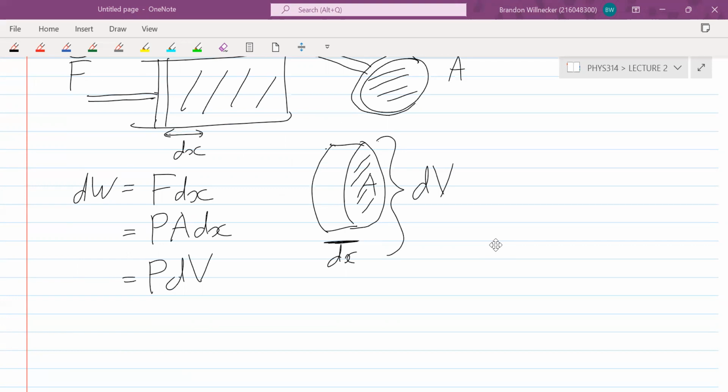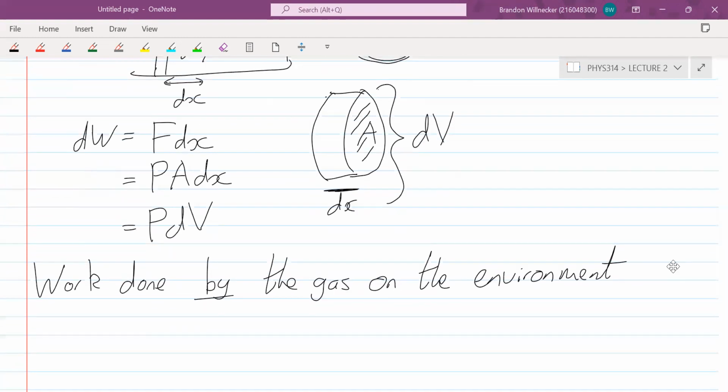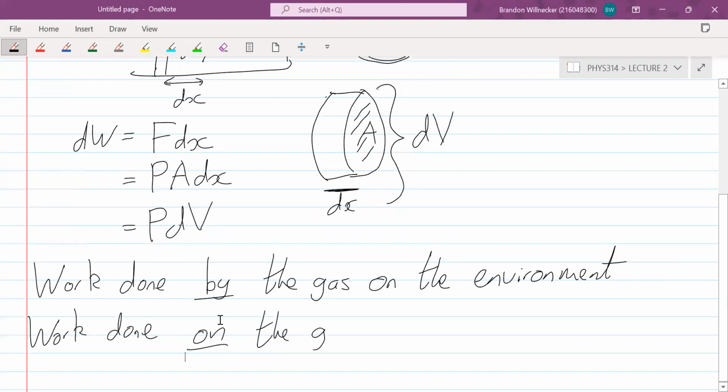You can either write things in terms of the work done by the gas on the environment, or you can write things in terms of the work done on the gas by the environment.